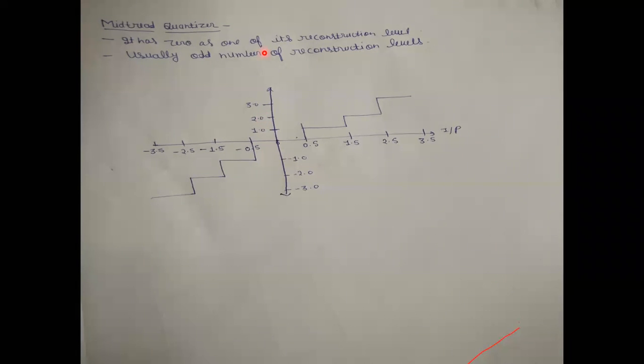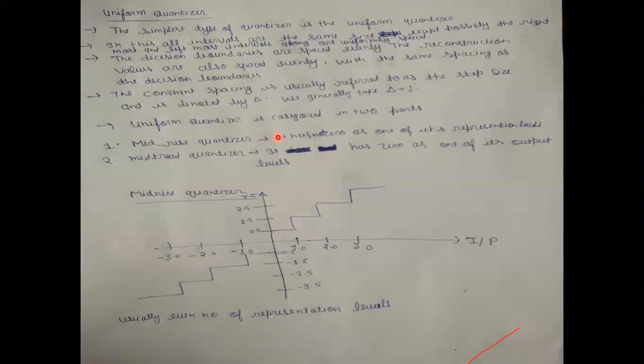So see here. In the mid-tread quantizer, the output value is 0 here. But in the case of mid-rise, there is no 0 as an output value.